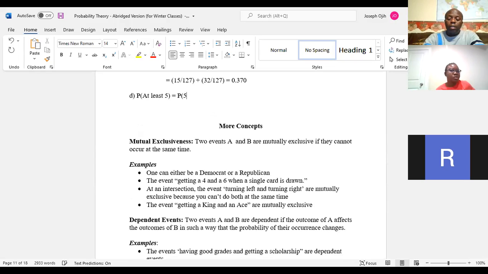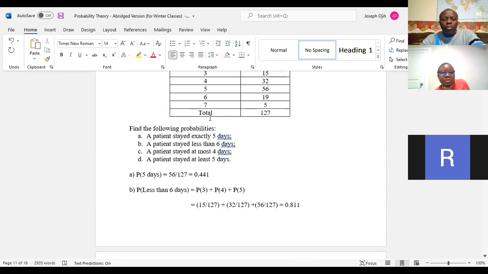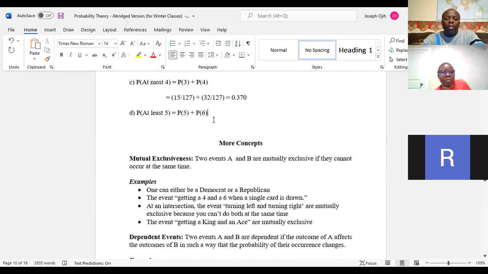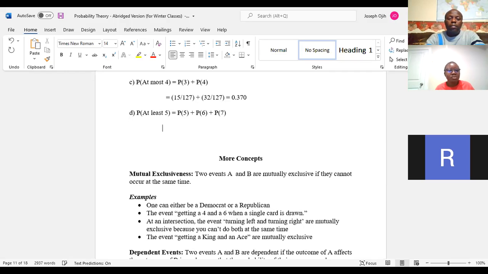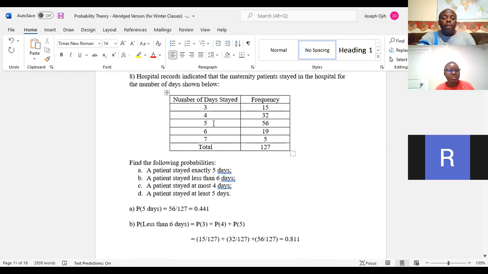plus probability of 6 days. Let's see how many days we have there. We have up to 7 days, plus probability of 7 days. For 5 days, we have 56 out of 127.